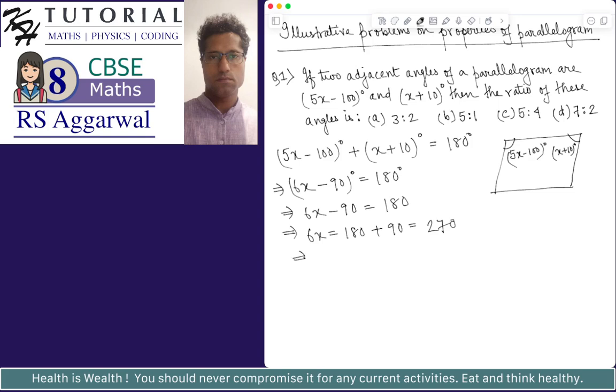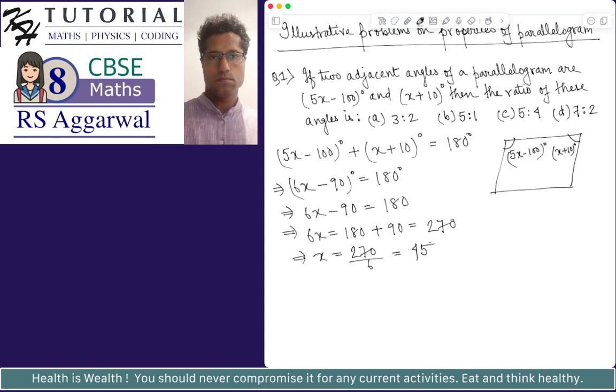So this implies x is equal to 270 by 6, which is equal to 45. So x is equal to 45.